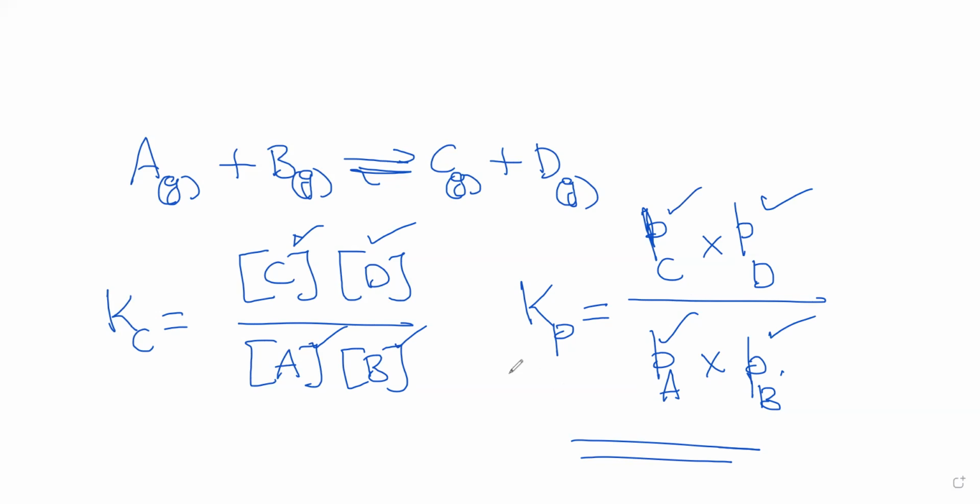When you consider partial pressures, you write Kp. When concentrations are considered, we write Kc. Please note it. Noted, sir.